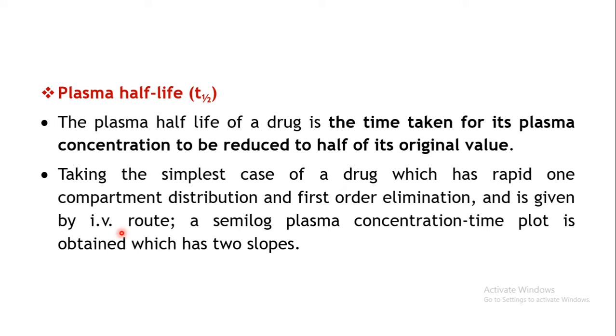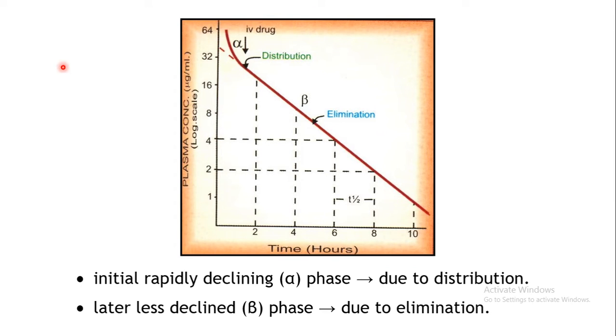So at regular intervals, if I go on monitoring the plasma concentration and plot that on a graph, I'll get a graph which will look something like this. Okay, so time I have plotted on x-axis and the plasma concentration on the y-axis.